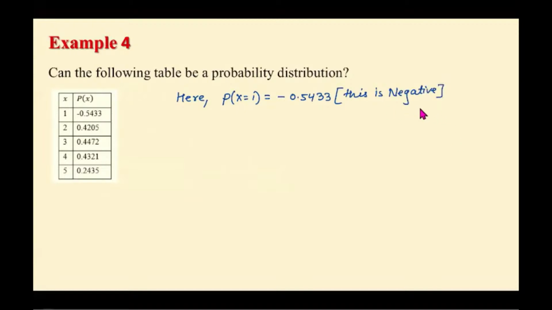So the meaning of that is that the given table is not a probability distribution, because one of the probabilities is negative. Probability is always a value between 0 and 1, but this is less than 0. So this is not a probability distribution.